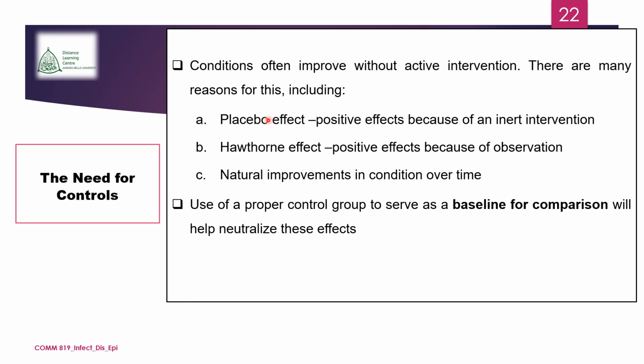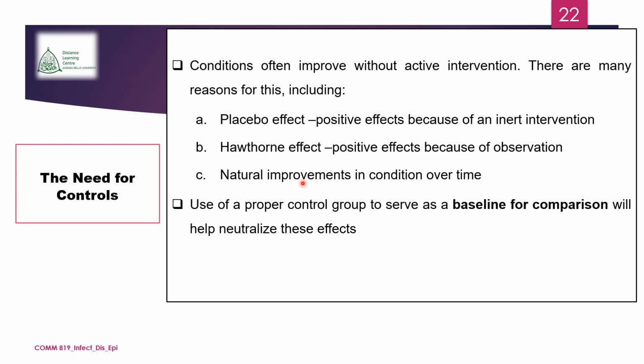Then we have the Hawthorne effect, which is usually a positive effect because of observation. Okay, you keep observing and without any intervention, something will bounce back. Then natural improvement in condition over time. Okay, maybe this may be due to the immune status of the person.